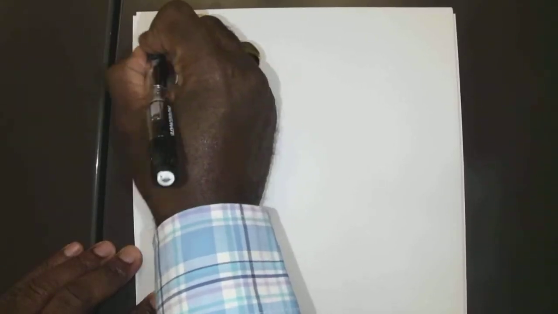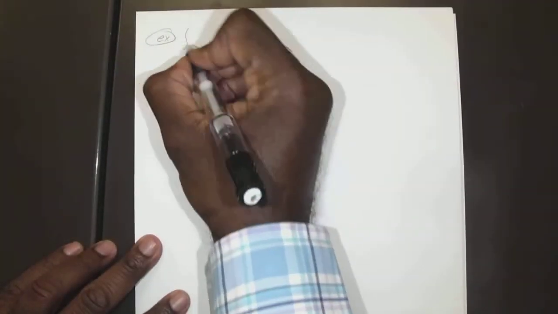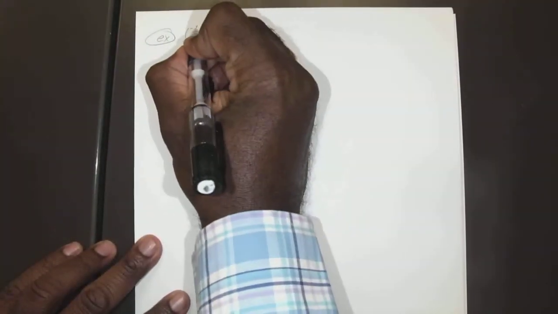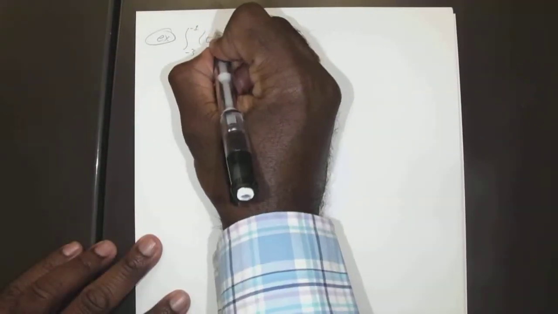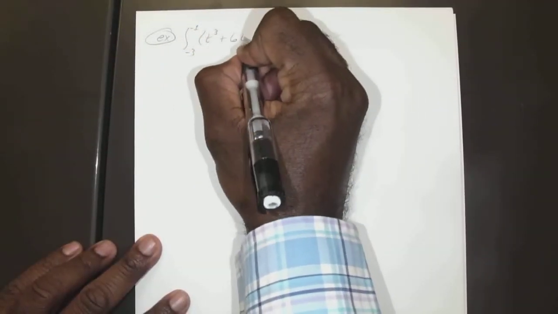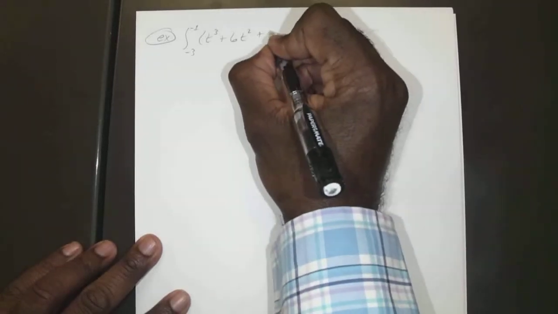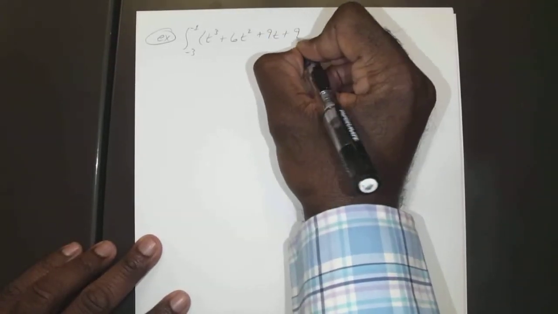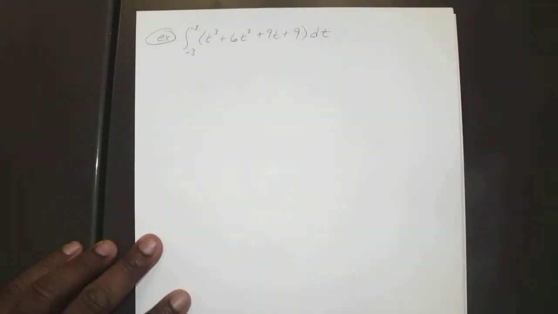All right, so let's say, for example, we want to integrate from negative 3 to negative 1 of t to the third plus 6t squared plus 9t plus 9 with respect to t.